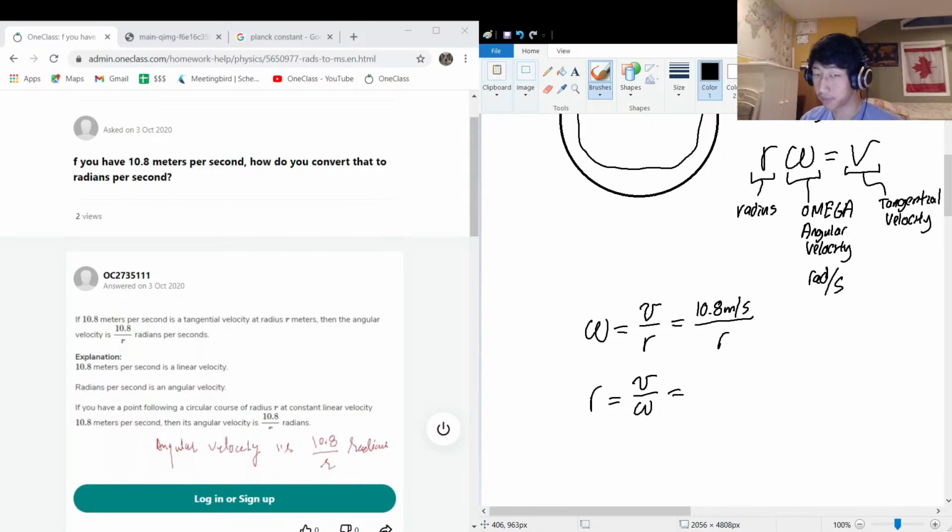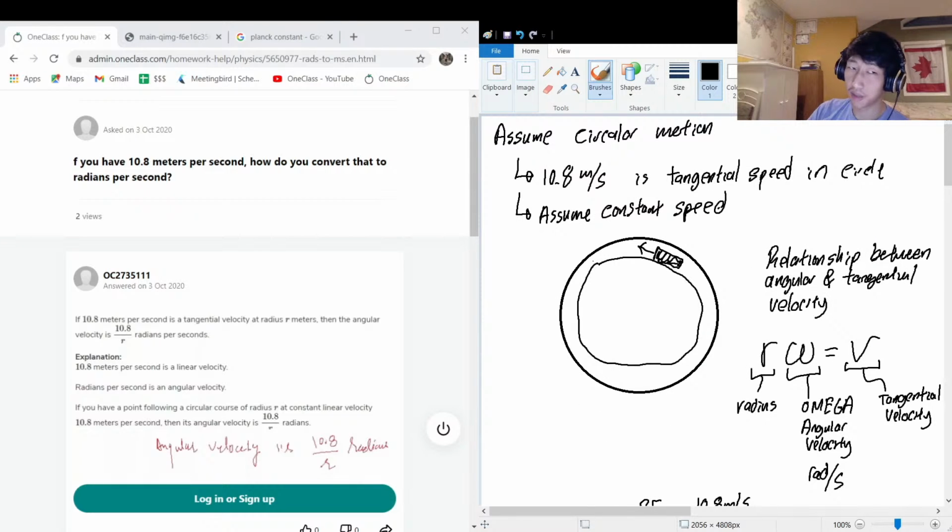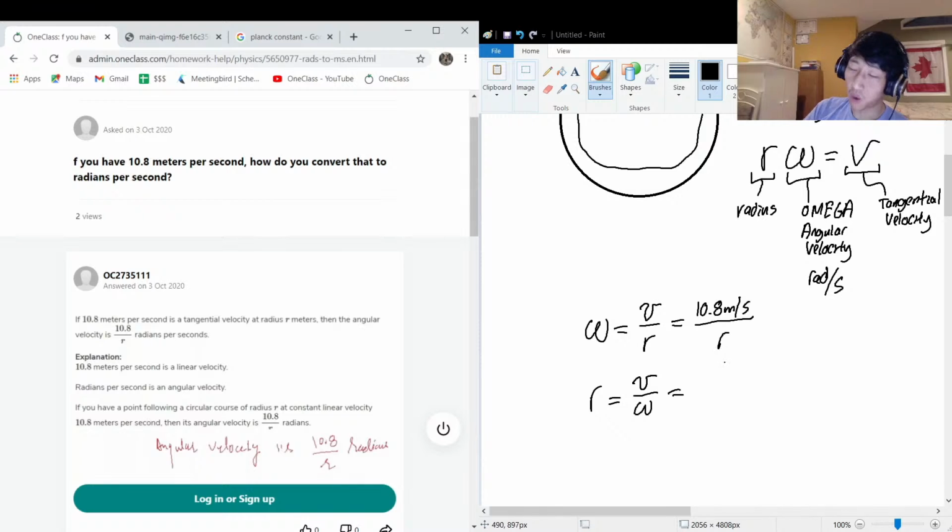But it's going to be impossible to solve this question because we need two of the three components here: radius, angular velocity, tangential velocity. We need two of those three to be able to solve for the other. If we're only given one, we're going to somehow need to get that other information. But given that the question is only one sentence long, unfortunately, the best answer that we can have is that it's radius dependent.